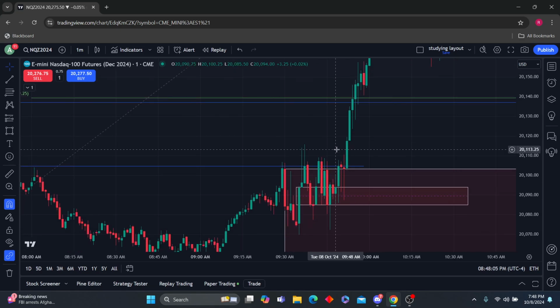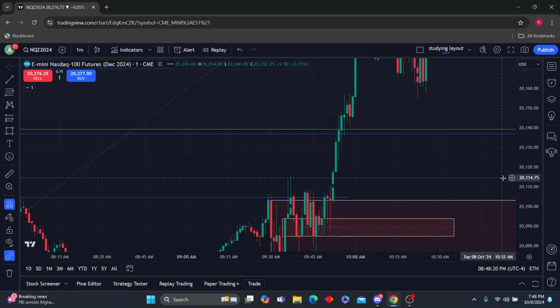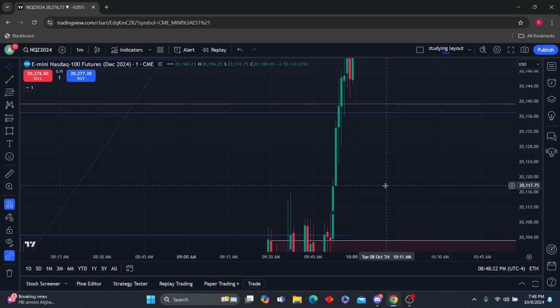A time of day though, 9:50. Price started moving. Boom, boom, and then sells up. Boom, high. Use a fair value gap, breakaway gap, fair value gap. Vacuum block right there.